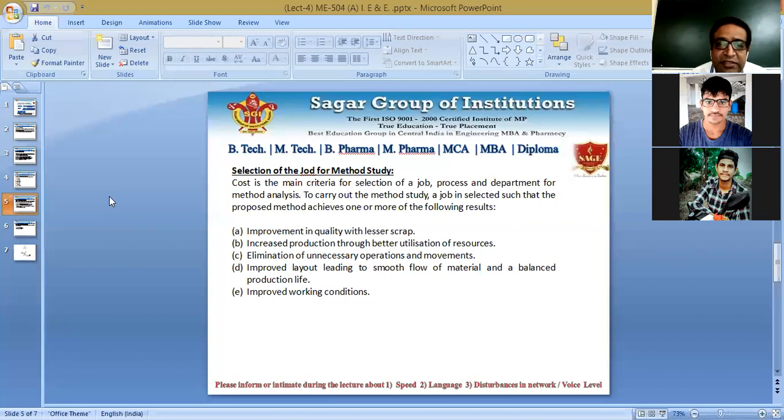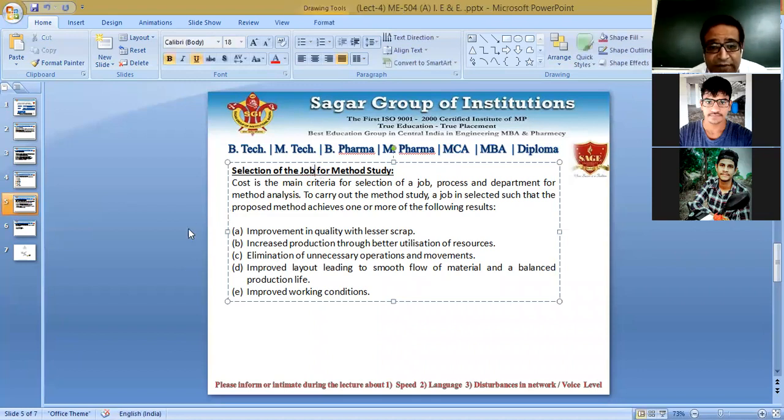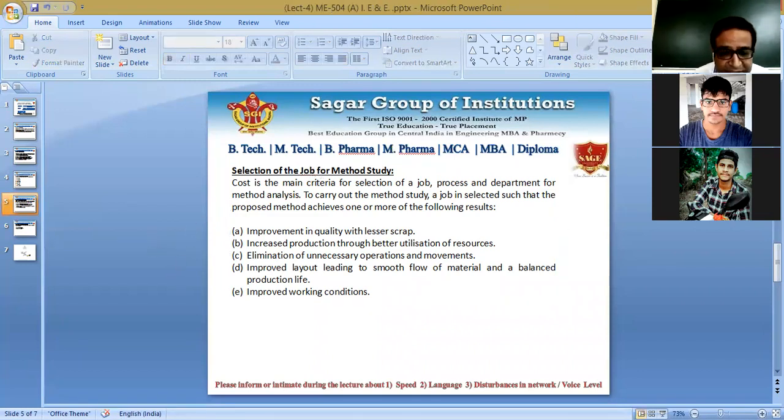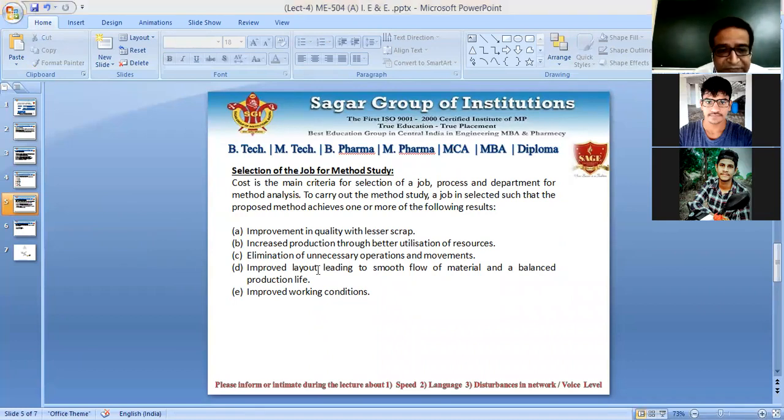Then let us see the selection of a job for a particular method study, how the selection of the job takes place. First of all, we have discussed many times that cost is quite an important aspect, the major criterion for selection of the job and the process for the department being done by method analysis.